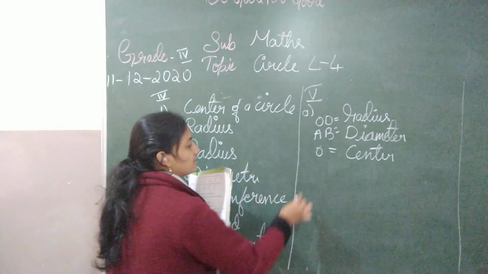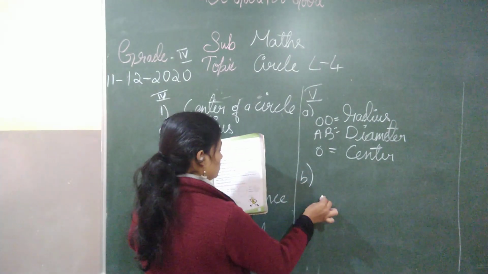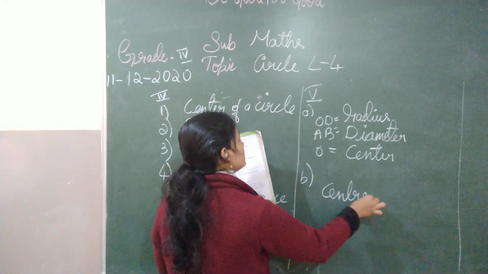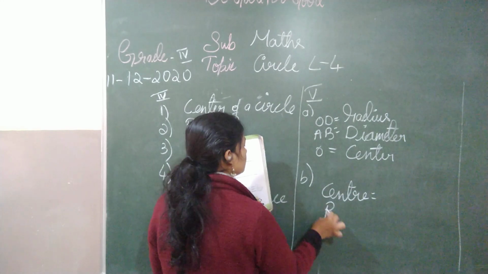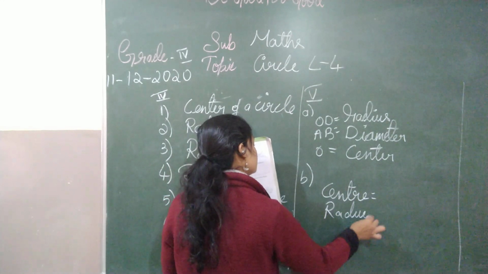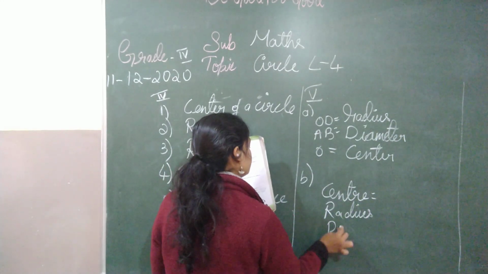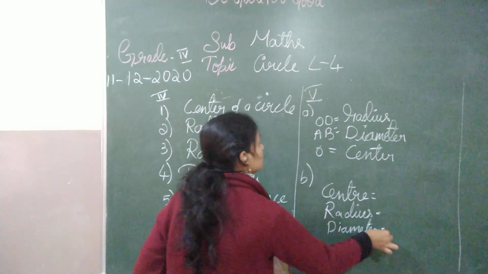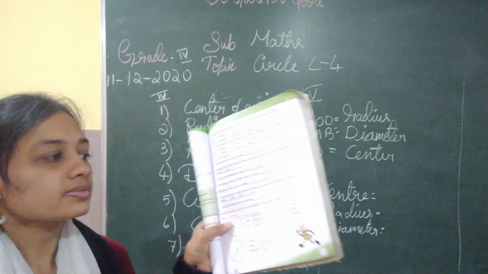So I will do the next one also, B here. The question is, they have given the center, you should name them here. Center, radius and diameter. So you should name them in the figure here.